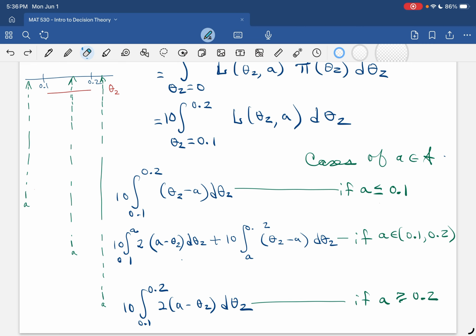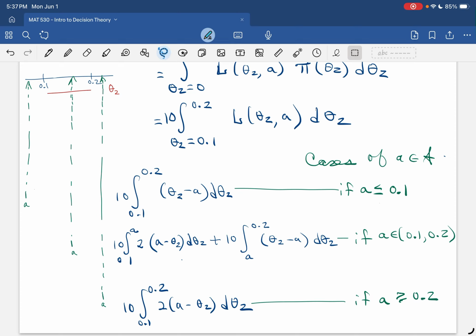In that case, we'll have to integrate over the part where theta 2 is less than or equal to a, plus the part where theta 2 is bigger than or equal to a. We'll have two integrals as you see there, and in each case you just have to make sure that you get the loss function the way it should be.